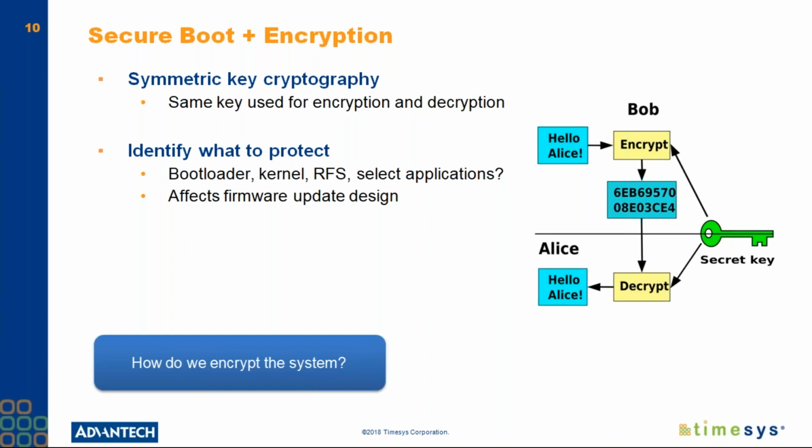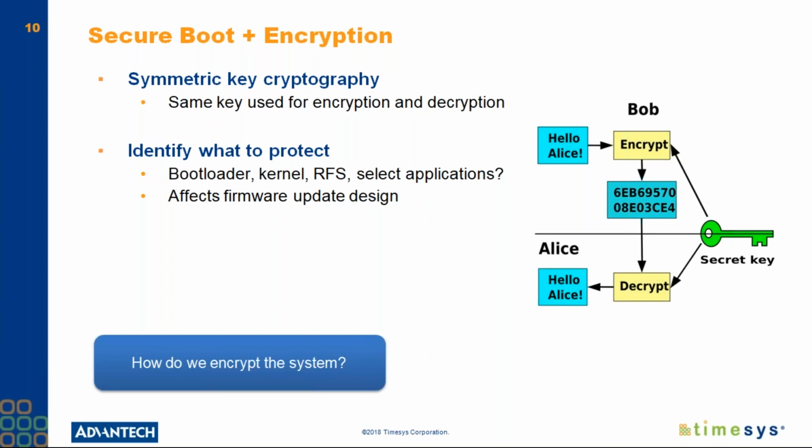Depending on what you're trying to protect, you'd select a scheme appropriately. The encryption scheme used is called symmetric key cryptography. Basically, it uses AES. Symmetric key cryptography means that the key which is used for encryption is the same key which is used for decryption.